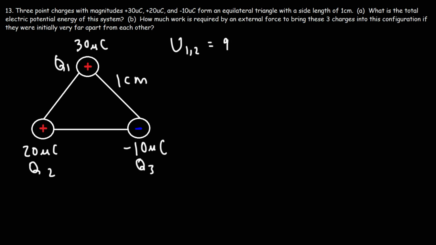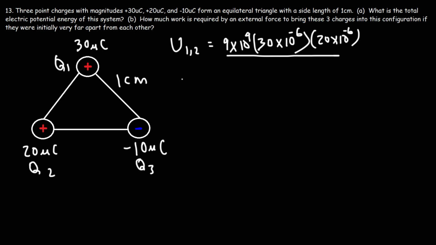So it's going to be K, and then Q1. Q1 is 30 microcoulombs times Q2, which is 20 microcoulombs. And the distance is 1 centimeter.